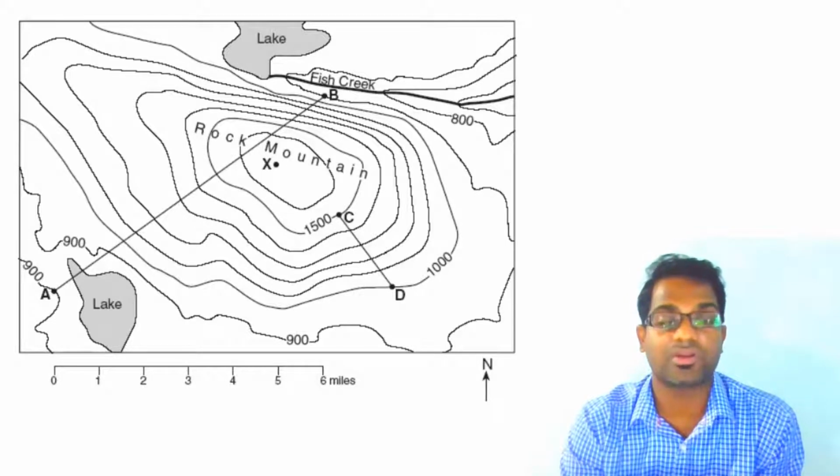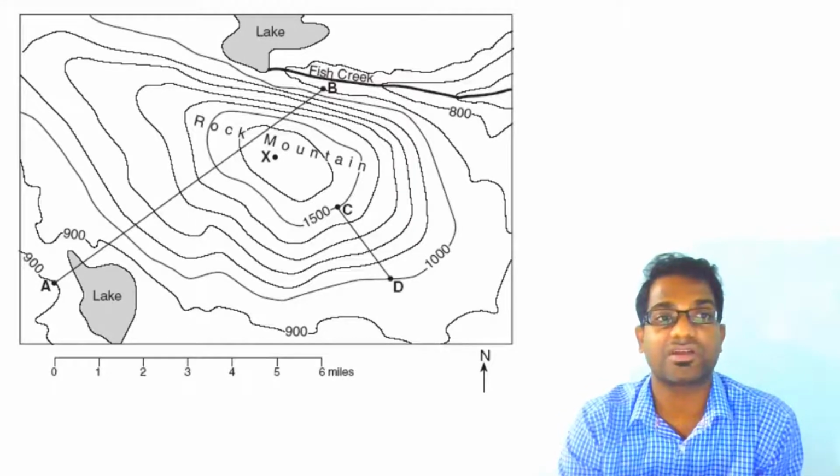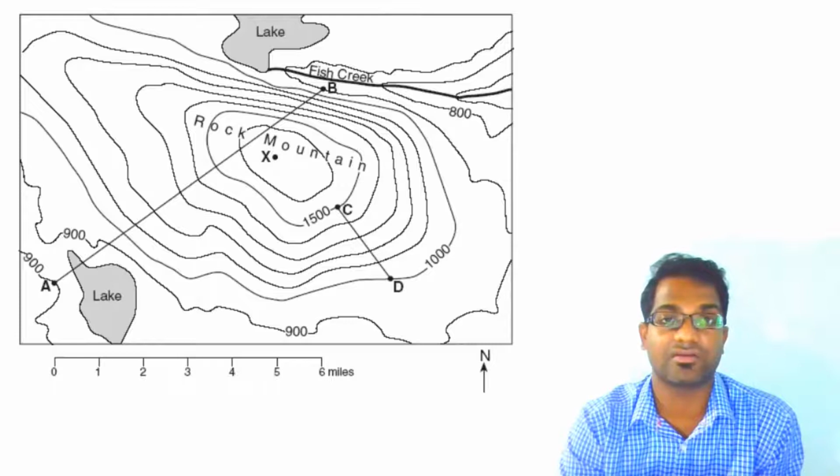Normally this point is taken near a known elevation or it is considered as a zero elevation. In India, the zero elevation is considered in Mumbai, which is taken as mean sea level.